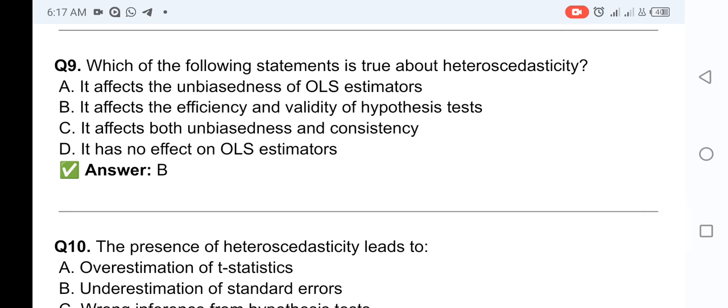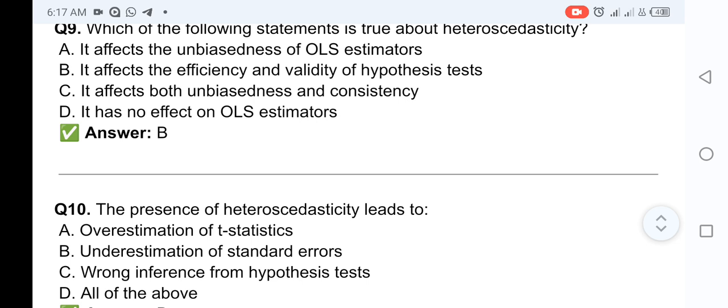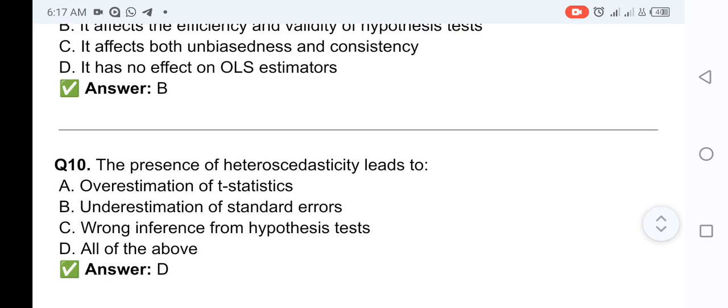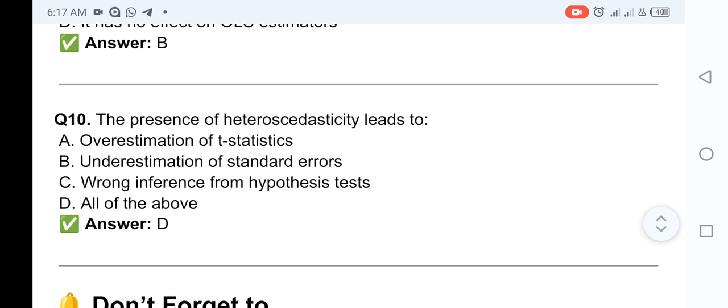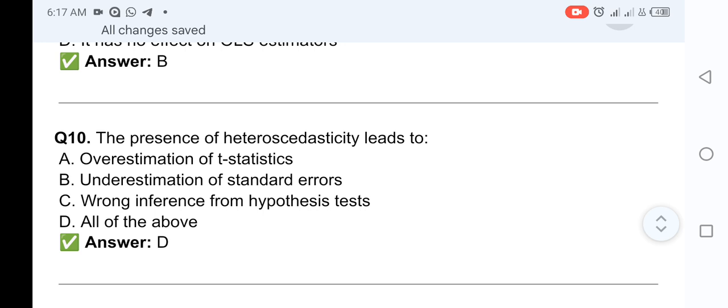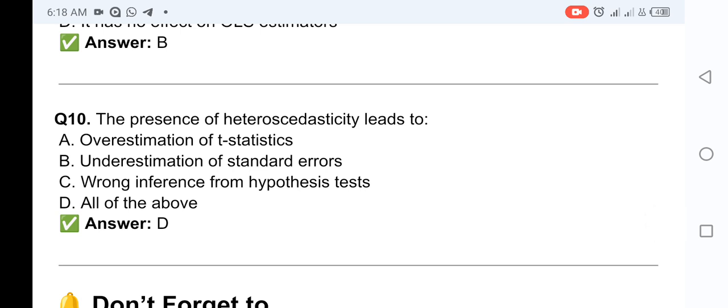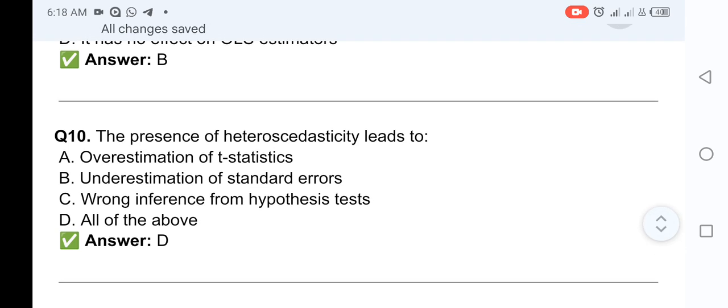B. It affects the efficiency and validity of hypothesis tests. C. It affects both unbiasedness and consistency. D. It has no effect on OLS estimators. Answer B. Q10. The presence of heteroscedasticity leads to A. Overestimation of t-statistics. B. Underestimation of standard errors. C. Wrong inference from hypothesis tests. D. All of the above.